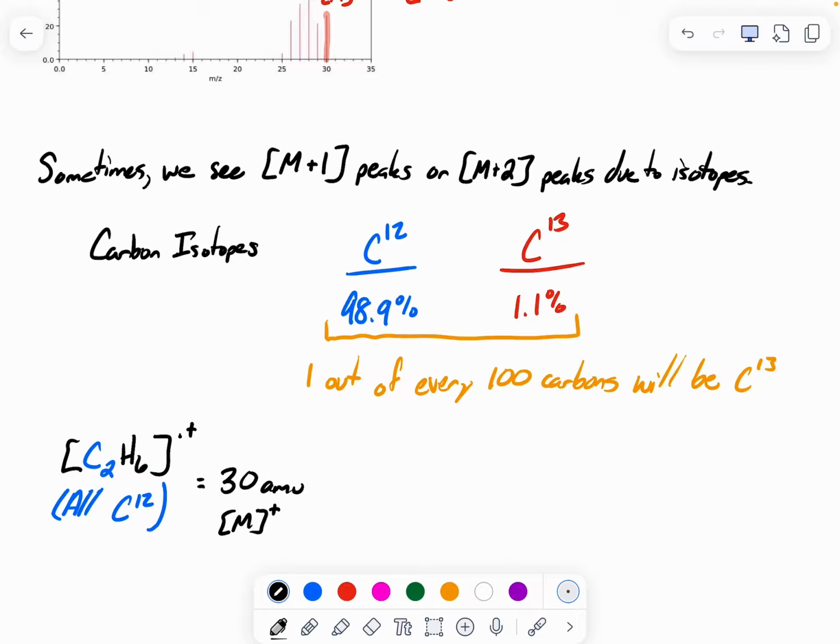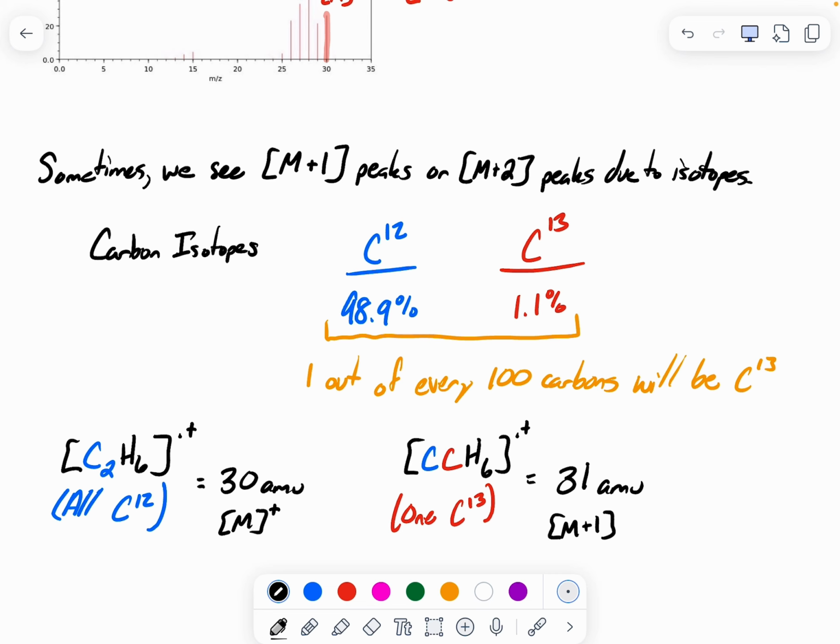But there is that 1% of the time that one of those will be swapped out. And so instead of both being carbon-12, we'll have one carbon-12, one carbon-13. The hydrogens are always going to be the same. In this situation, with one C13, this would be 31 AMU. So that's the idea of our M+1 peak.